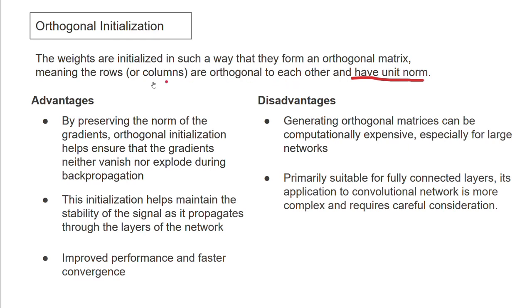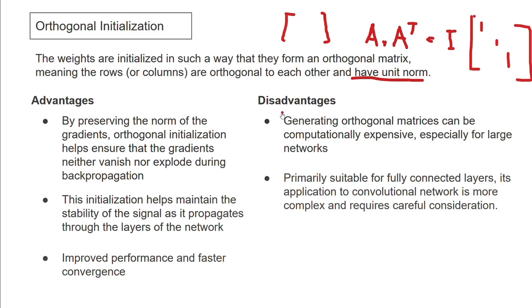Orthogonal means, if you have a square matrix A, where the number of rows and columns are the same, then the dot product of A and A transpose is going to be an identity matrix. Identity matrix means all the diagonal values will be 1.